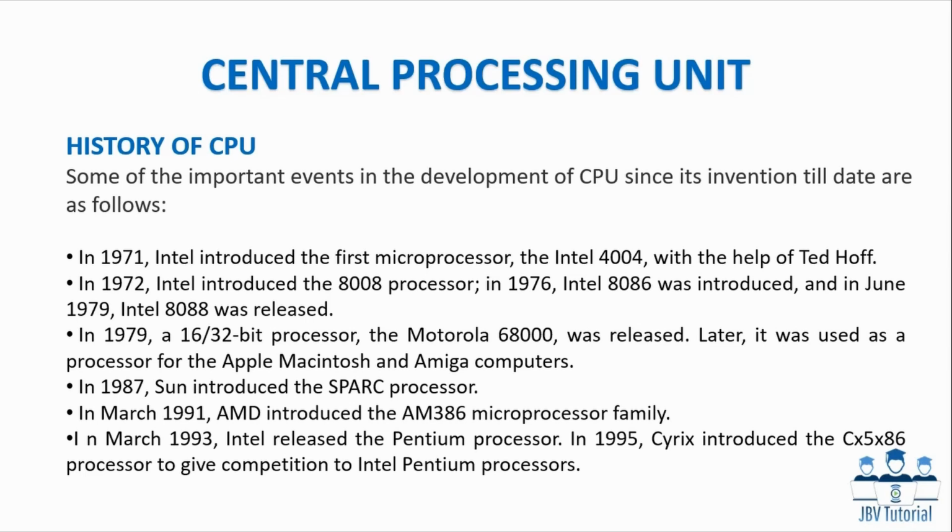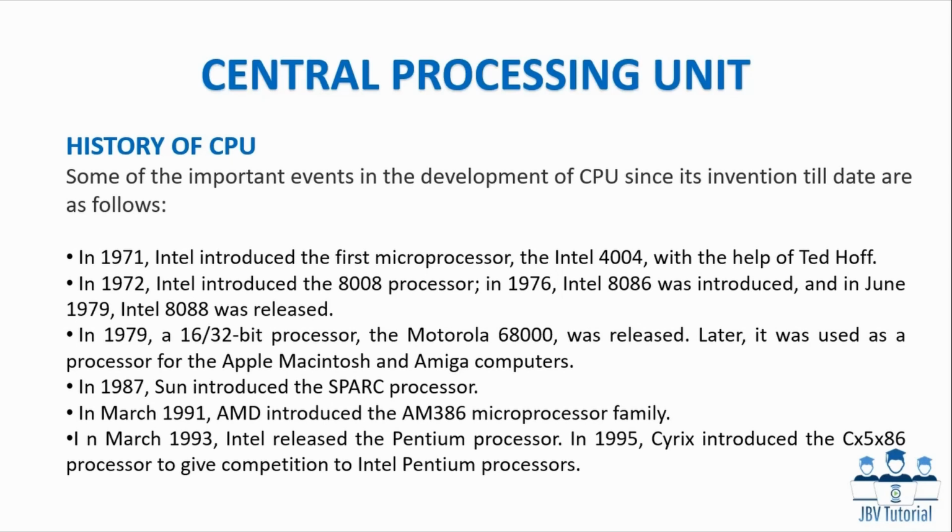In 1976, Intel 8086 was introduced, and in June 1979, Intel 8088 was released. In 1979, a 16/32-bit processor, the Motorola 68000, was released. Later, it was used as a processor for the Apple Macintosh and Amiga computers.